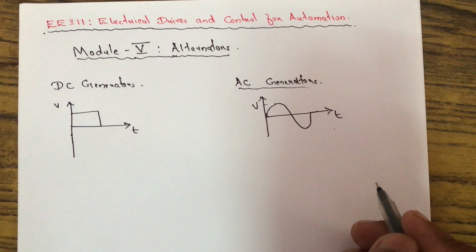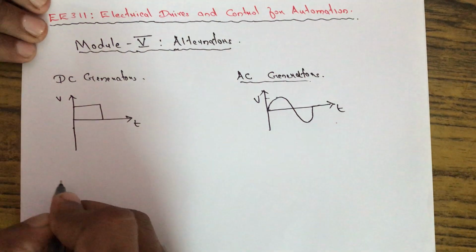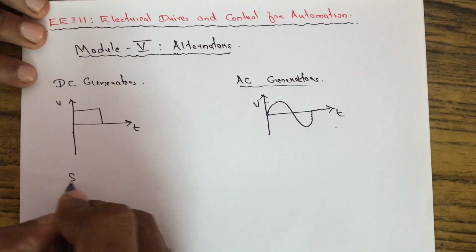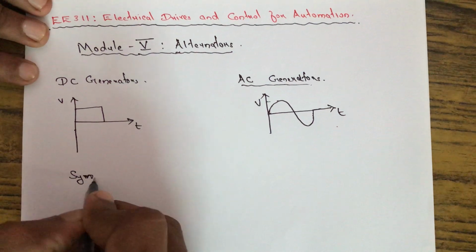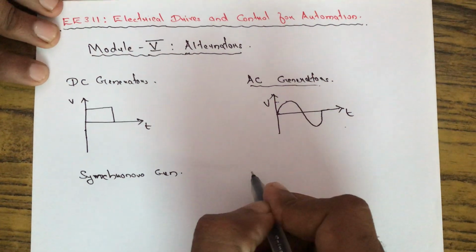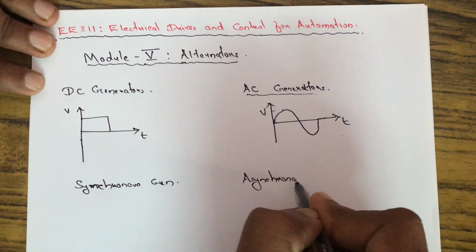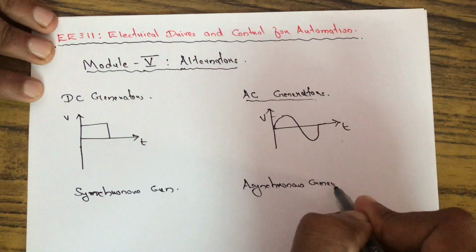So there are two types of AC generators, that is synchronous generators and asynchronous generators.